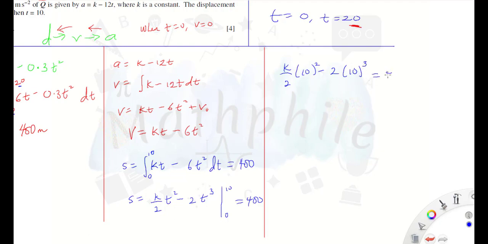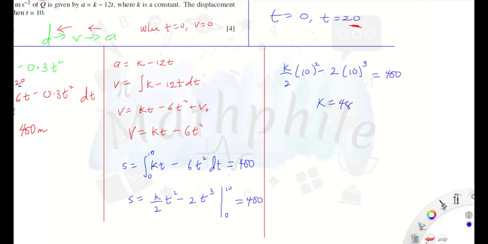It doesn't really matter. It's equal to 400. And I think you should be able to solve from here. Solving that, you get k to be equal to 48. And that answers the question. So that's our question number 2.